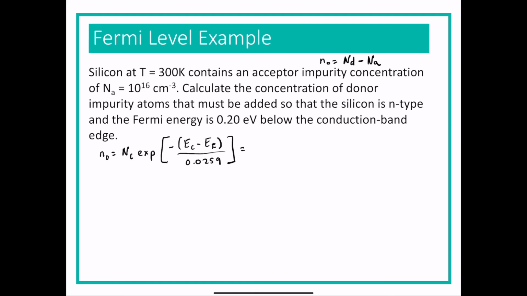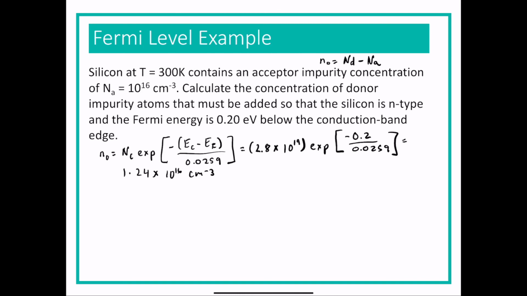So first of all, we can use the NC value, which is a constant from a table, and take the exponential of minus 0.2 over 0.0259, and we end up with 1.24 times 10 to the 16 per cubic centimeter.